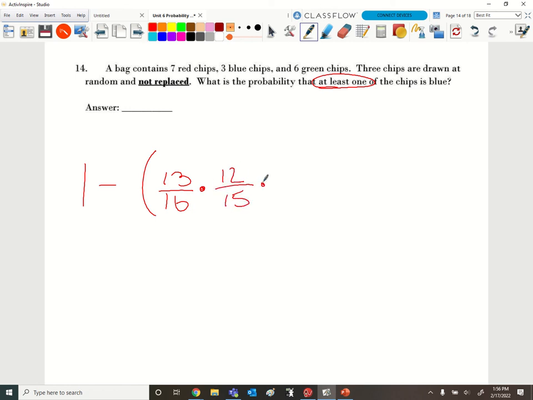And my third, drawn 3 chips, how many not blues are in there? 11. Out of? 14. Yep.